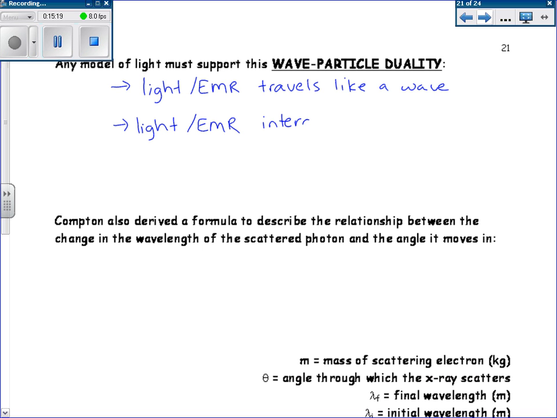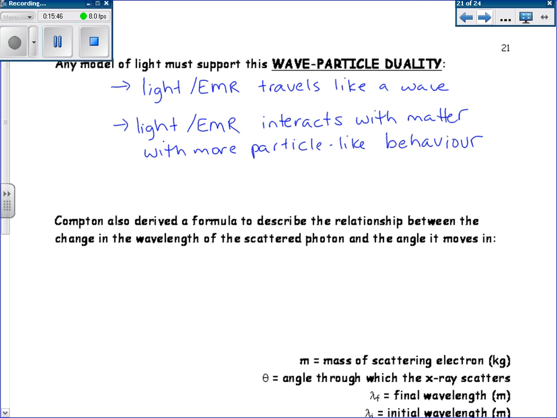So it interacts with matter with more particle-like properties. And what this leads to eventually is what's basically called the quantum model of light. And that's just a word that really means wave-particle duality, wave-particle model.